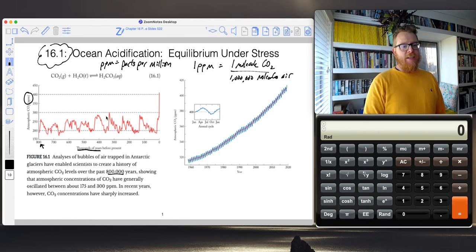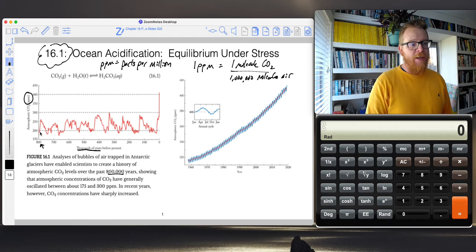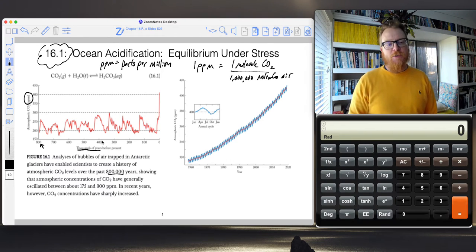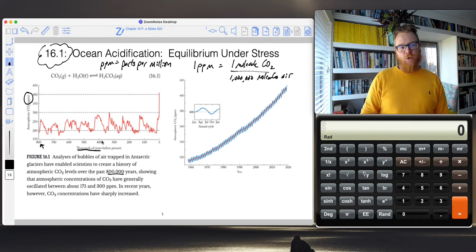So you can see throughout the historic record, CO2 has kind of oscillated between roughly 200 and 300 parts per million, which does sound like a very small concentration, but because CO2 is such an efficient greenhouse gas, it doesn't matter that it's a small concentration. That concentration is actually significant.